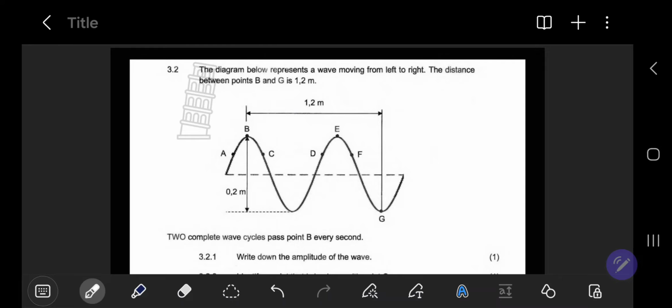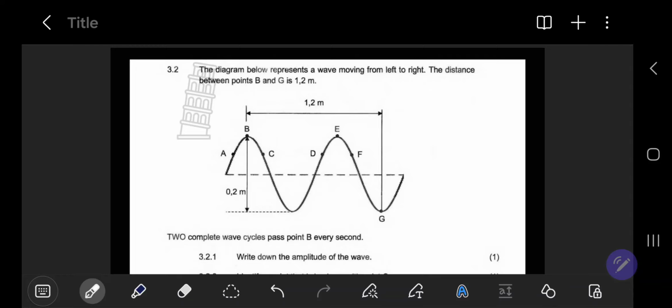They've given you both the horizontal distance and the vertical. So horizontally from B to G is 1.2, but vertically from B to G is 0.2. It says 2 complete wave cycles pass point B every second. That makes sense. We can see clearly that this is 2 waves.